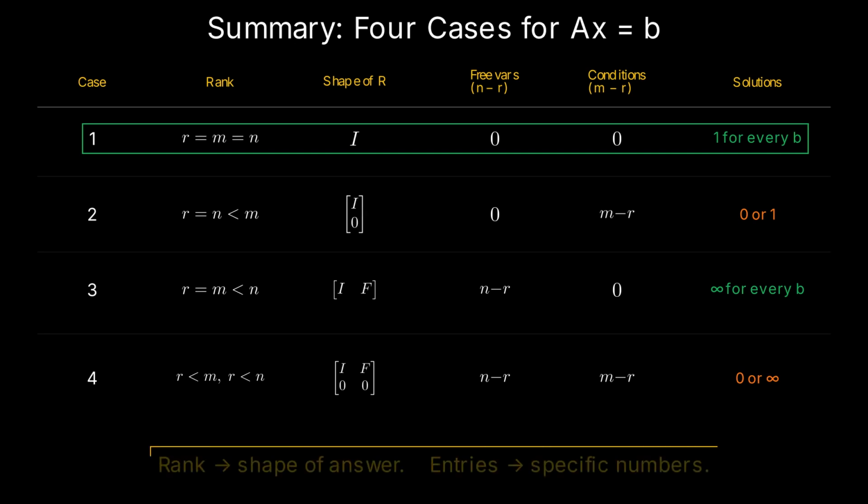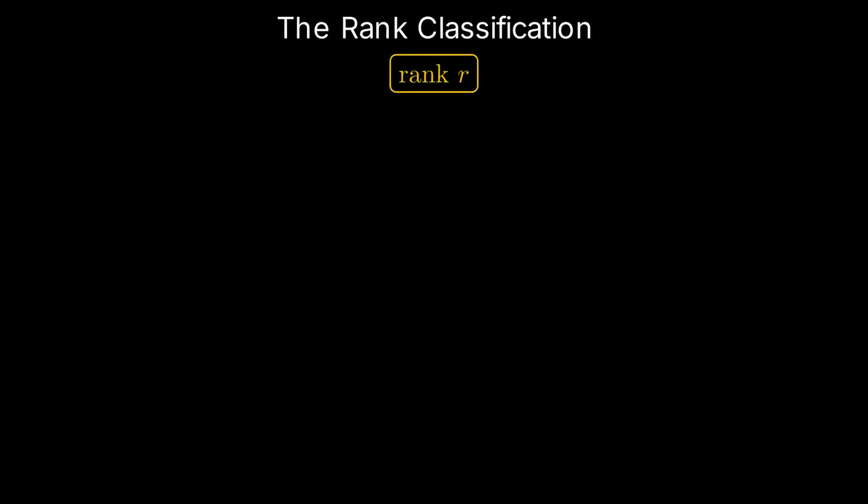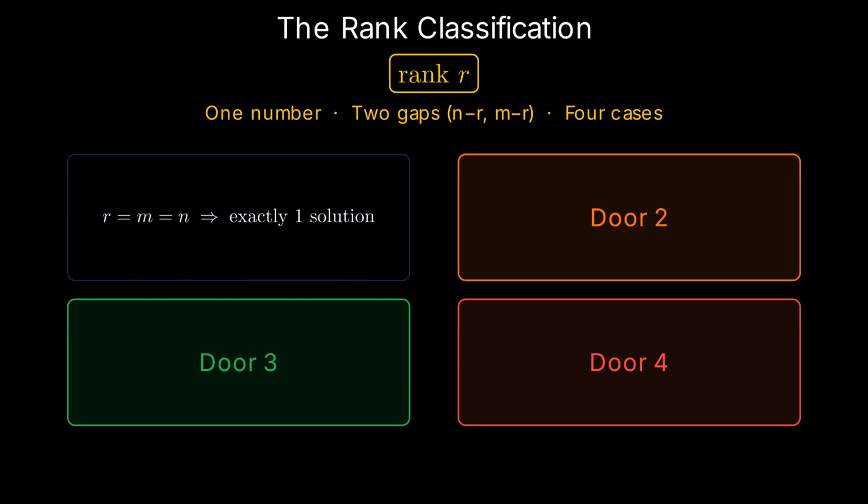The key takeaway, rank tells you the shape of the answer. The specific entries of A and B fill in the actual numbers. One number, the rank, 2 gaps, N minus R and M minus R. 4 cases. Every linear system falls into exactly one of these categories. Door 1, when R equals M equals N, there is exactly one solution for every right-hand side.